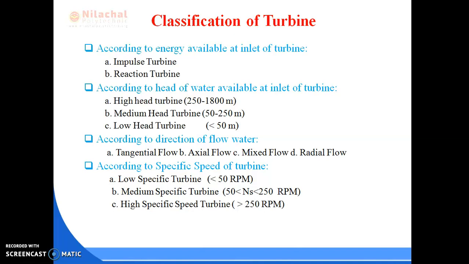Low head turbine means what? This is the level of water, this is the height of water, or this is the penstock which is at a distance of 50 meter above the turbine unit. Then that is known as a low head turbine.